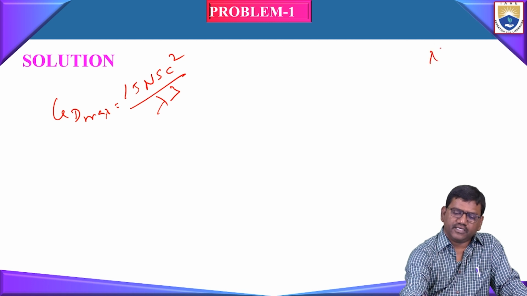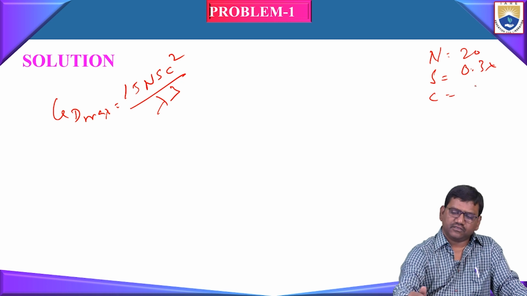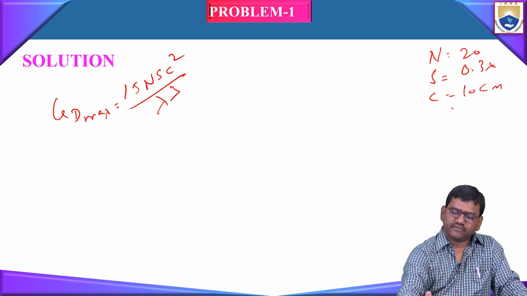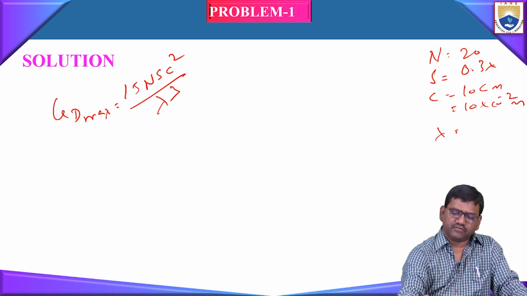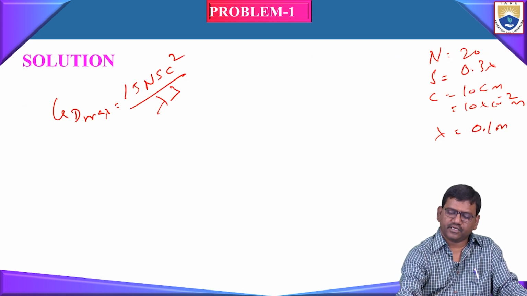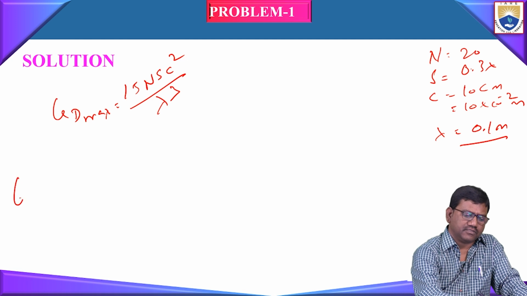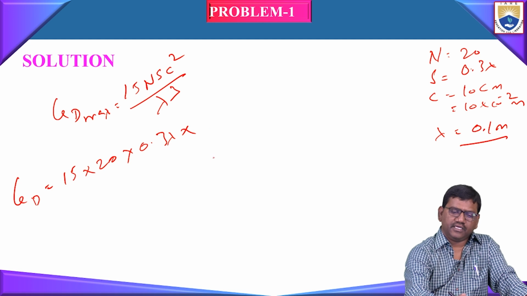Here the number of turns N is 20 and S is given as 0.3 lambda, and C, the circumference, is 10 centimeters, which we can write as 10 into 10 power minus 2 meters. Lambda, as we just calculated, is 0.1 meters. So G_D max is equal to 15 into N, which is 20, into 0.3 lambda into C squared.